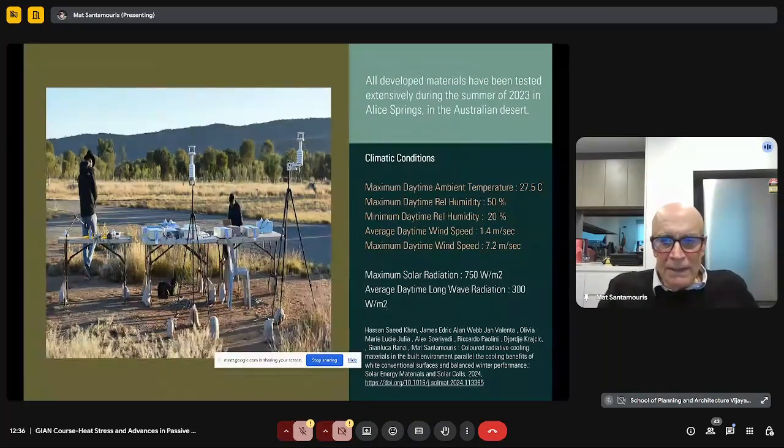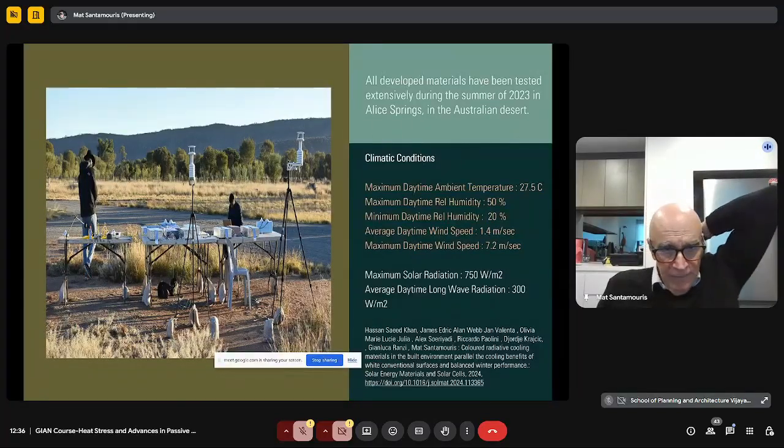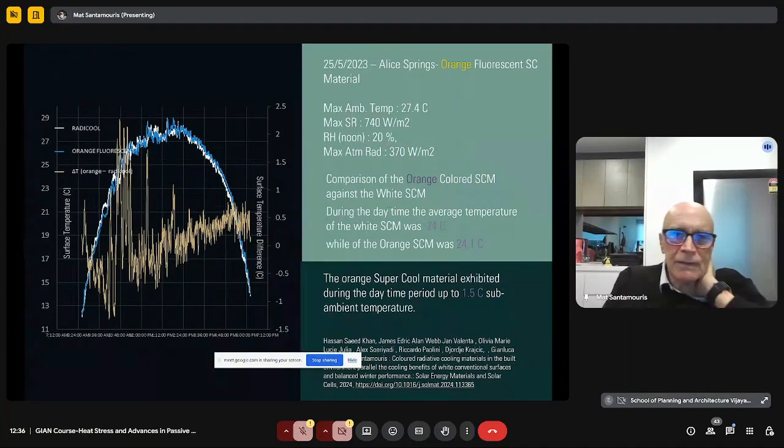These materials were tested last summer in the Australian desert. And you see, for example, the measurement equipment. And I'd like to show you some of the results. For example, we tested in a comparative way the conventional supercool white photonic materials, the ones that have subambient temperature, the color fluorescent photonic materials, and the conventional materials.